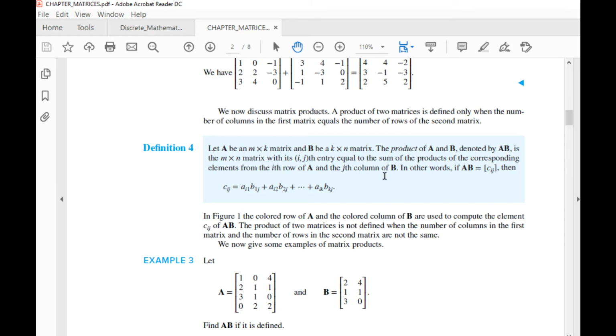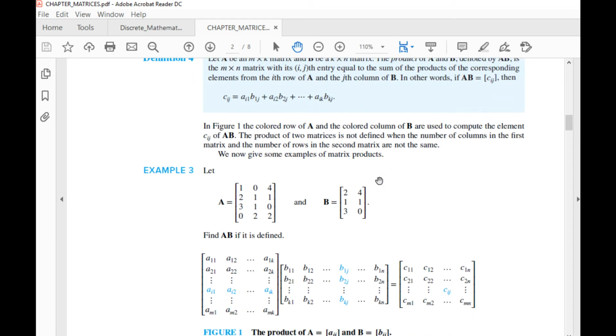Now, just like addition, there are rules to follow for you to figure out if a matrix product is solvable, that is, if they are defined. When we say defined, they abide by the rules. If I ask you whether matrices are defined, you just have to answer yes if they abide by the rules. If they do not, they are what we call undefined.